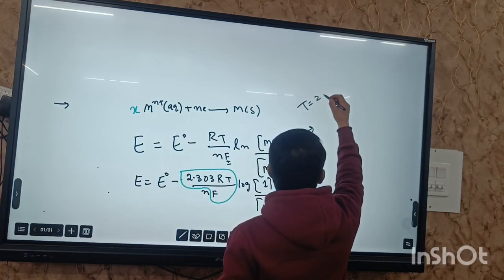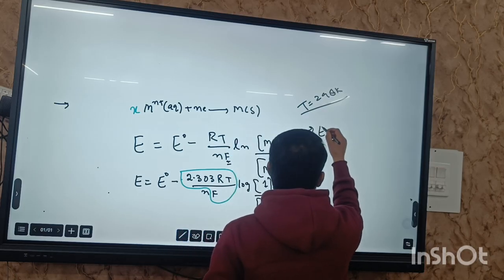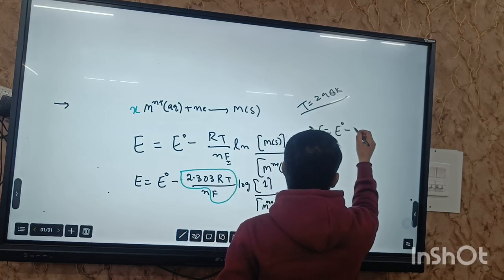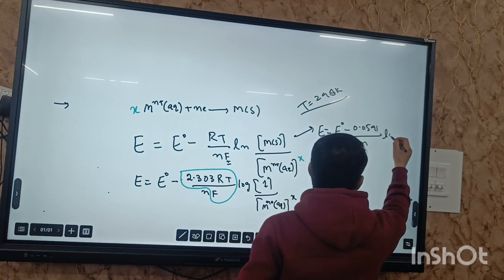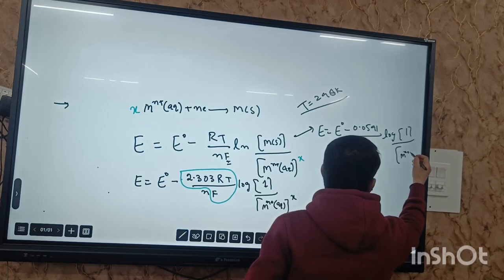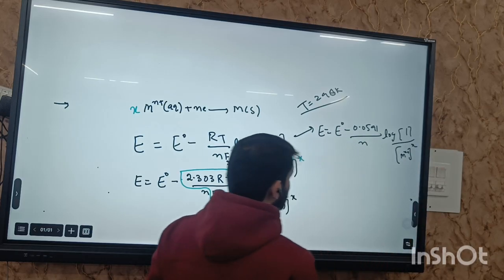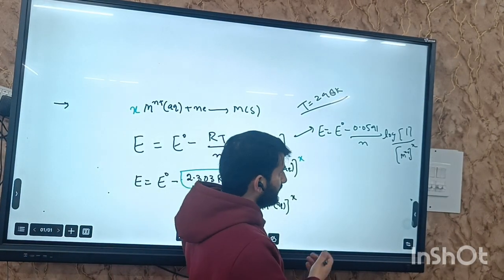If T is equal to 298 Kelvin, then E will be equal to E naught minus 0.0591 divided by N log of 1 by Mn positive power x. That is the Nernst equation we use.